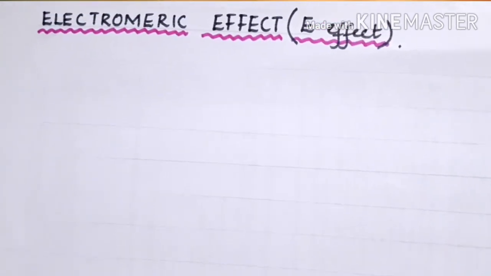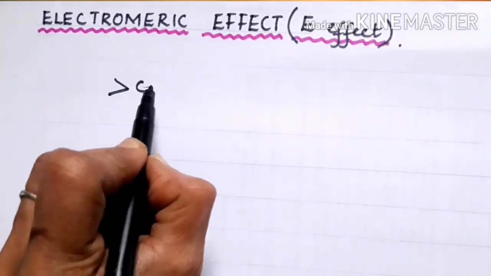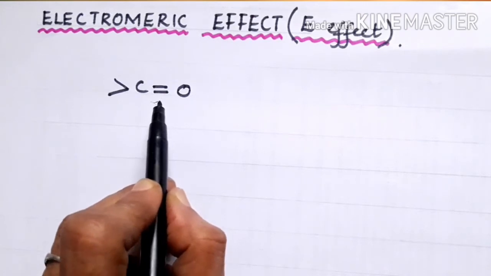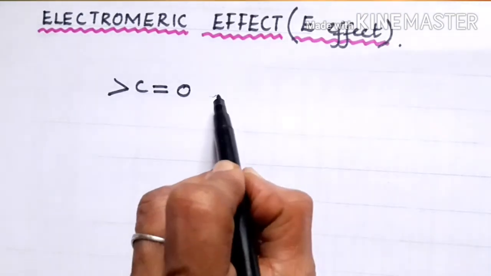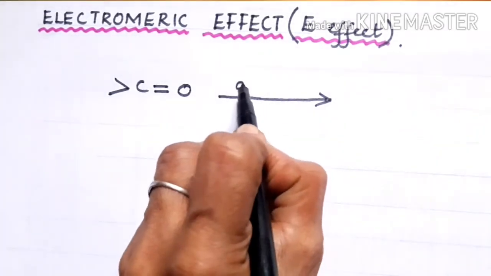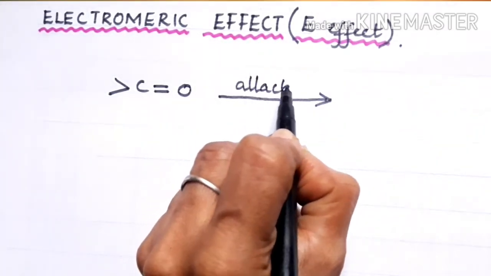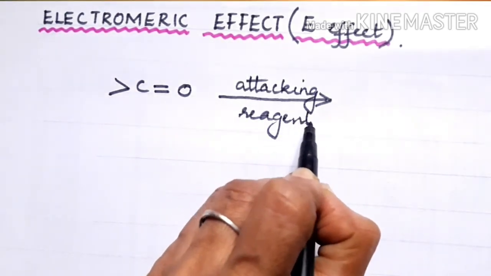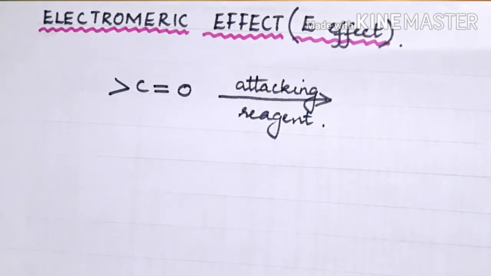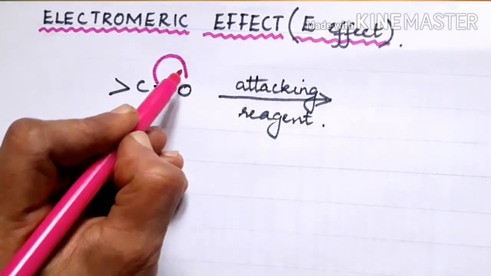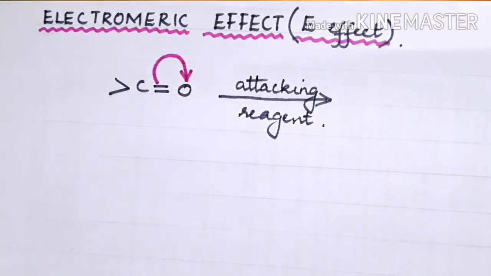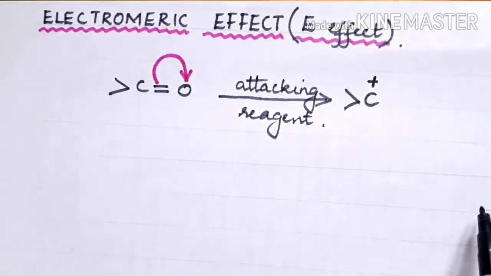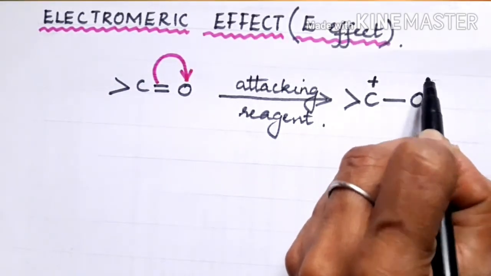We have the carbonyl group with the formula C double bond O. We have a pi electron pair here in the double bond, and in the presence of an attacking reagent, you find the pi electrons get shifted towards the more electronegative atom, making carbon positively charged and oxygen negatively charged.